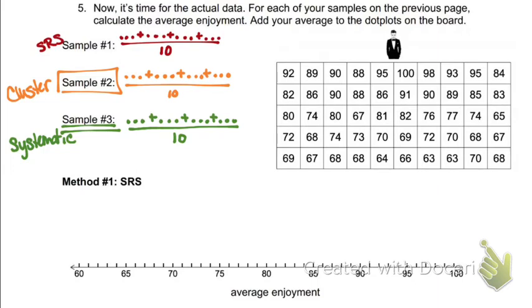Simple random sample was your red sticker. Cluster sample method number 2 is your yellow sticker.